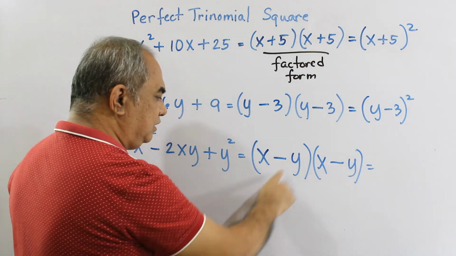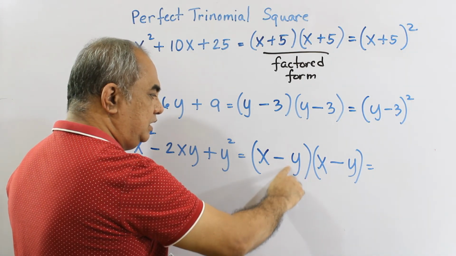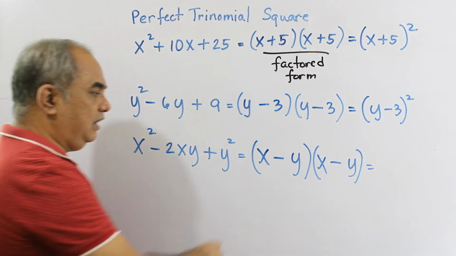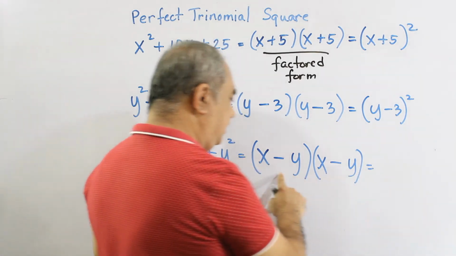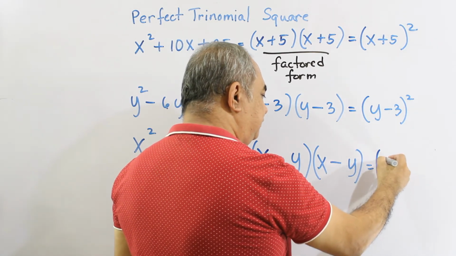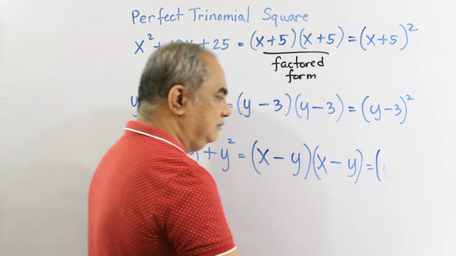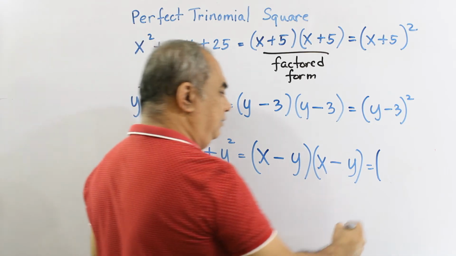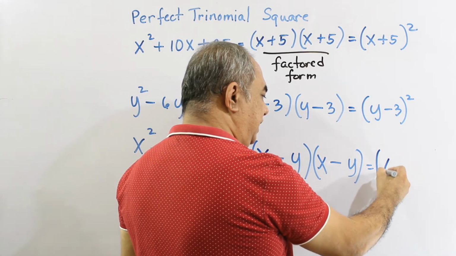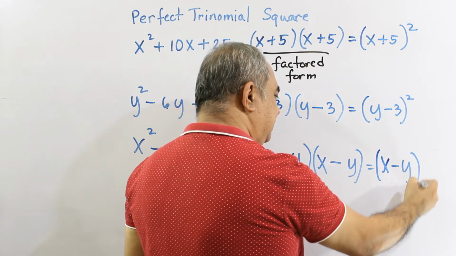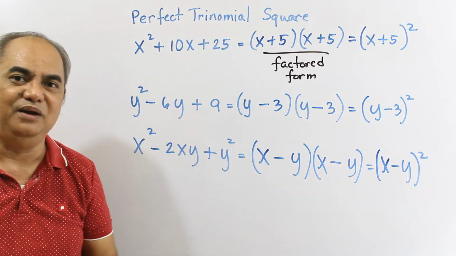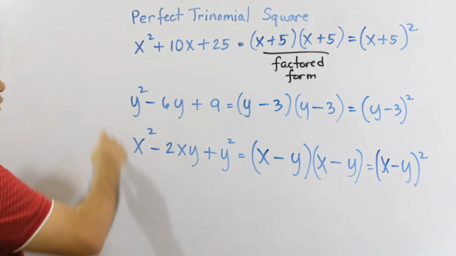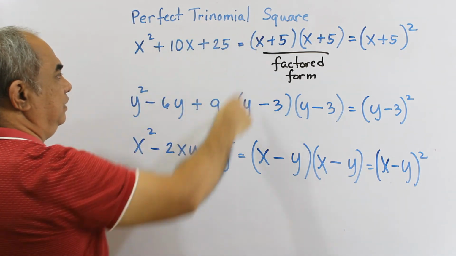So that means there's a coefficient 1, not written anymore, for both factors. And this is now our factored form. Since they are completely the same, our final answer would be x minus y squared. That will be the case. So, this is how we answer the perfect trinomial square.